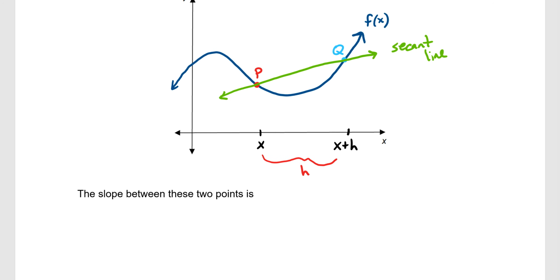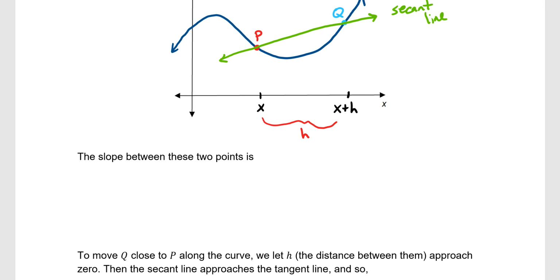Okay, so if we wanted to calculate the slope between these points, we can calculate it because we know the slope formula is m equals y2 minus y1 over x2 minus x1. But we don't have x1, y1, x2, y2 yet. It's a little bit more complicated here for us.